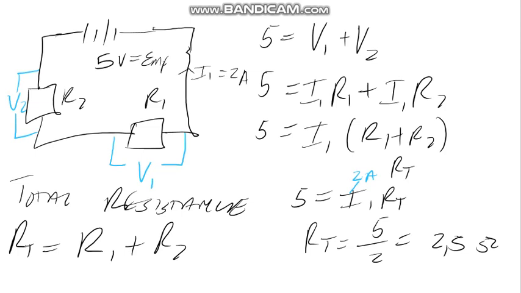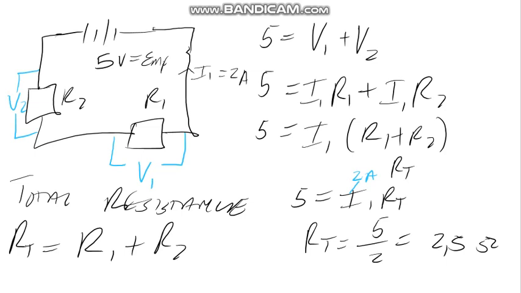So a recap on this. For a series circuit, the voltage drop of every resistor is different. Every resistor has got a volt drop. So R1 has got V1, R2 has got V2, but the current is the same, they've all got I1.